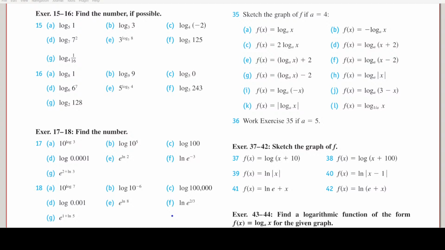So 4 power whatever you take, you will never get a negative number. Agreed? So that's why logarithm is never defined for negative numbers.